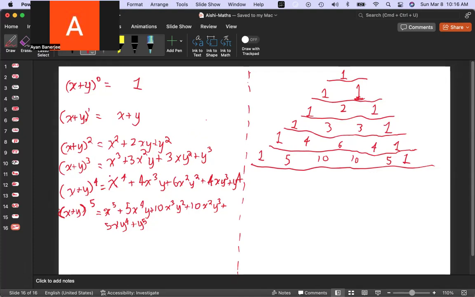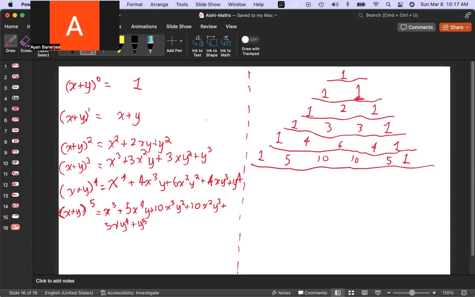Now we have x plus y, whole thing to the power 4. We have x to the power 4 plus 4x cubed y plus 6x squared y squared plus 4xy cubed plus y to the power 4. Last one and longest one is x plus y to the power 5.